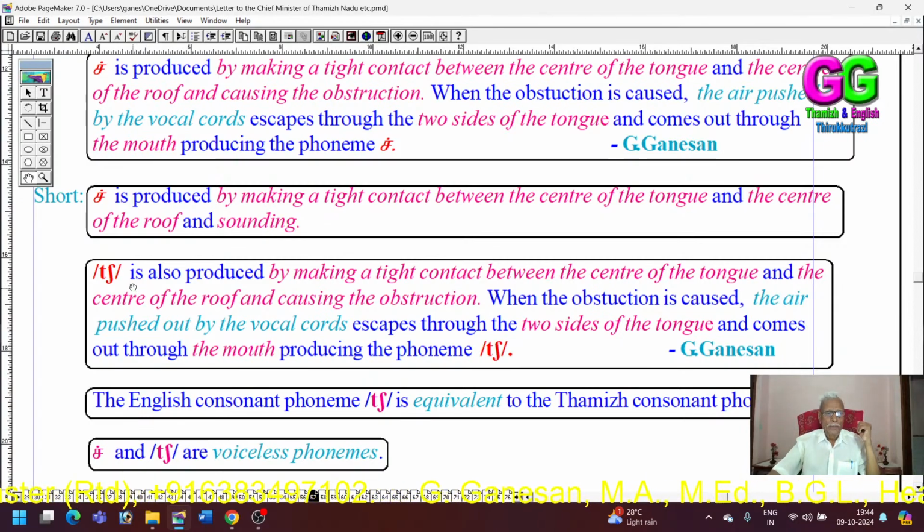Both are the same. "Ch" is also produced by making a tight contact between the center of the tongue and the center of the roof and causing the obstruction. When the obstruction is caused, the air pushed out by the vocal cords escapes through the two sides of the tongue and comes out through the mouth, producing the phoneme "ch".